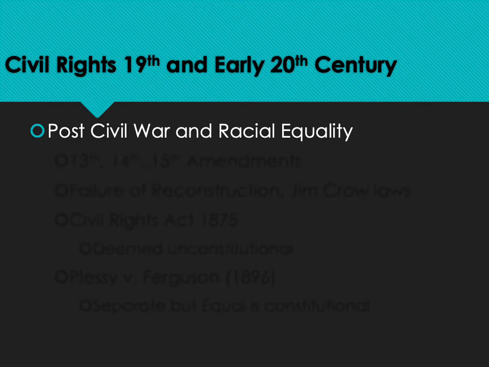And following the Civil War, there were some changes that were made to guarantee equal treatment under the law. We've talked about this earlier, but following the Civil War, the 13th, 14th, and 15th Amendments are added to our Constitution. The 13th Amendment ends slavery. The 14th Amendment, as we know, provides equal protection of the law.